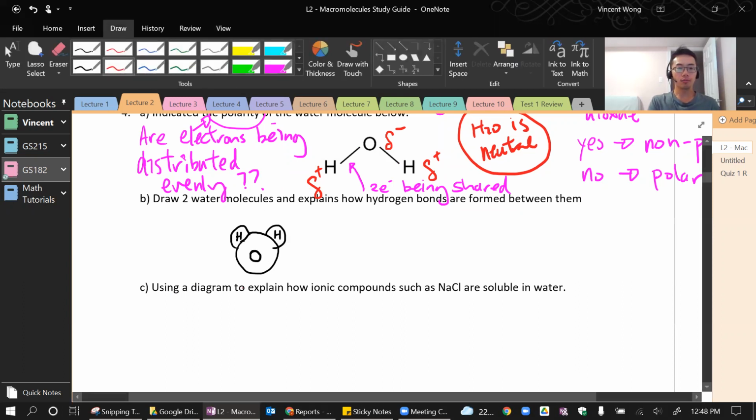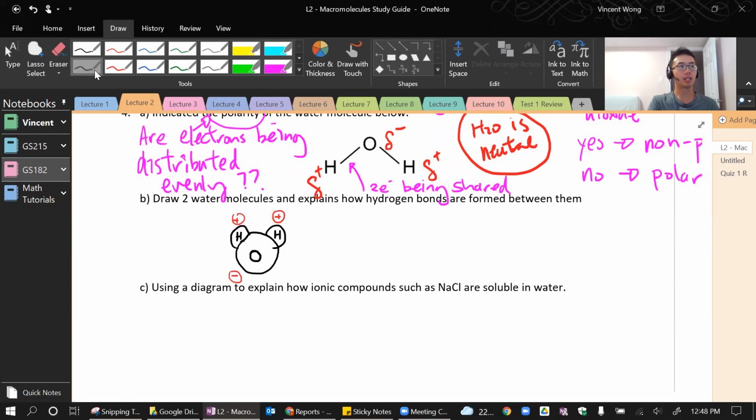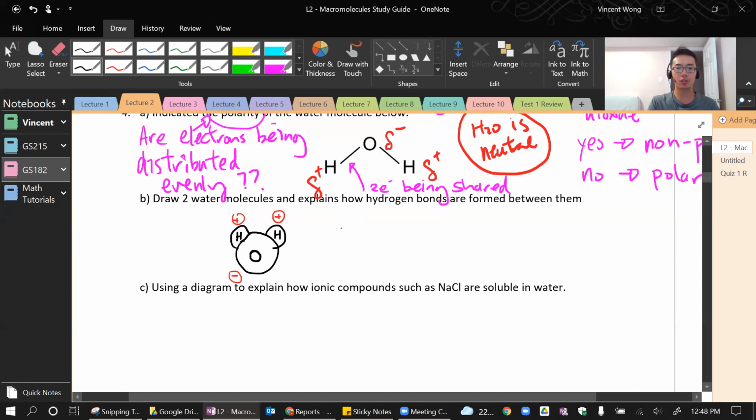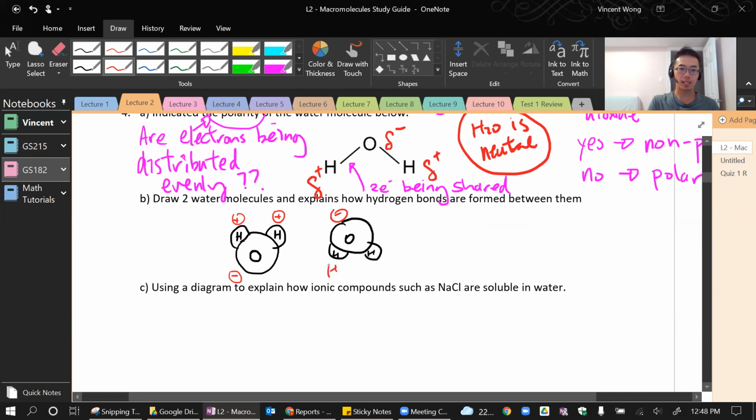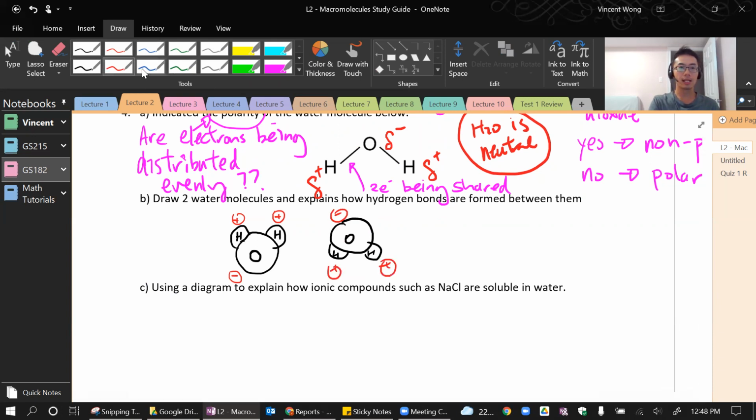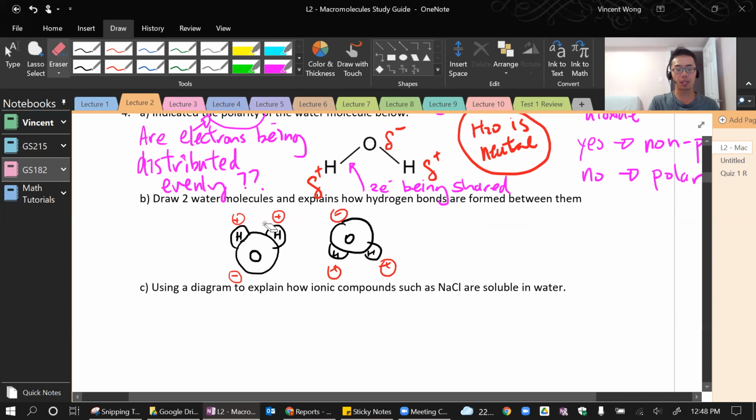Now, the oxygen, as I told you, is going to be slightly negative, whereas the hydrogens will be slightly positive. So what that means is if you put it next to another water molecule, I'll draw this one upside down. This would be slightly negative, this would be slightly positive. What happens is the slightly positive part of one molecule will be attracted to the slightly negative part of another.